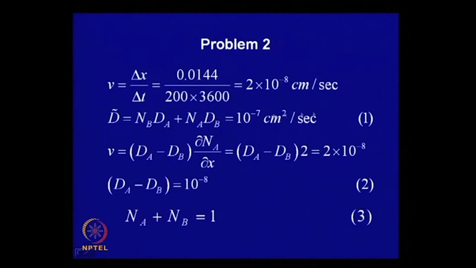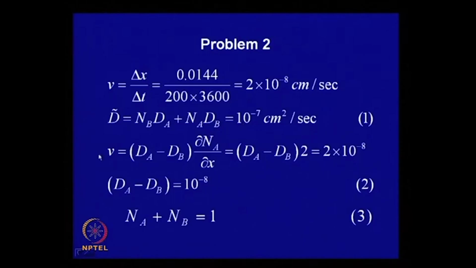Now, we know that the interdiffusion coefficient is equal to the mole fraction N B times the intrinsic diffusivity of A, D A, plus N A times the intrinsic diffusivity of B. So, this is one expression and this is given.